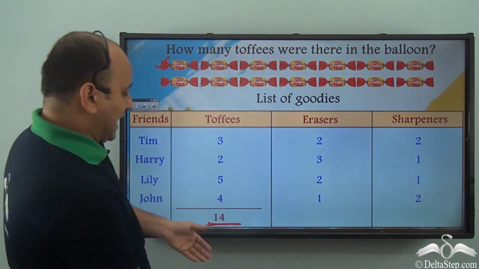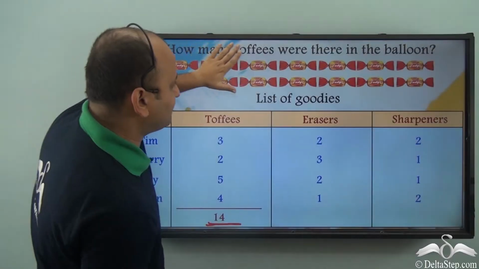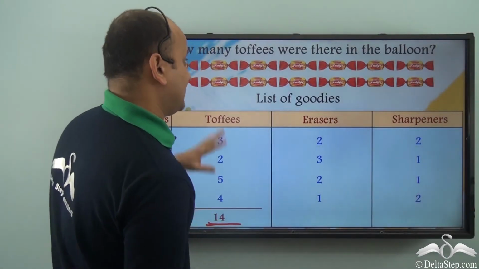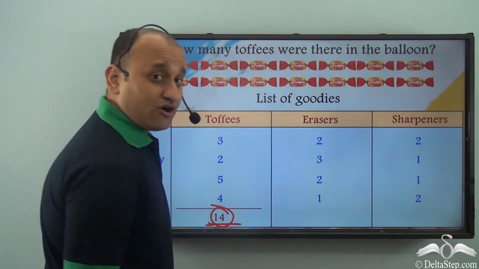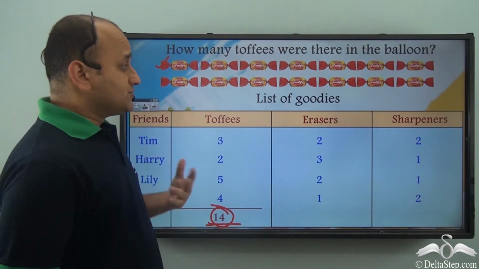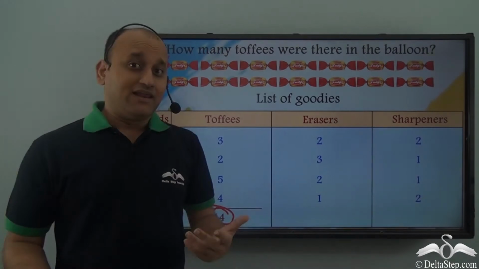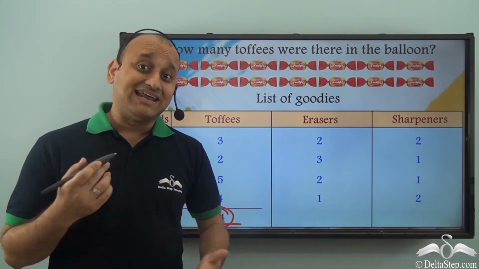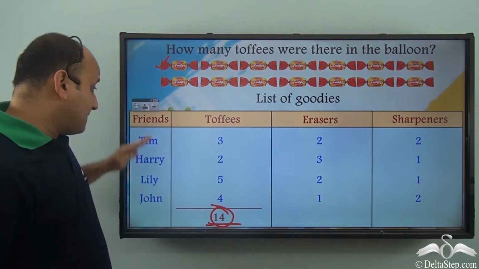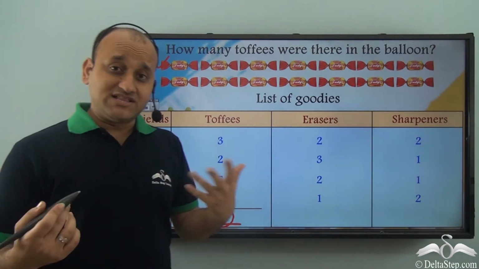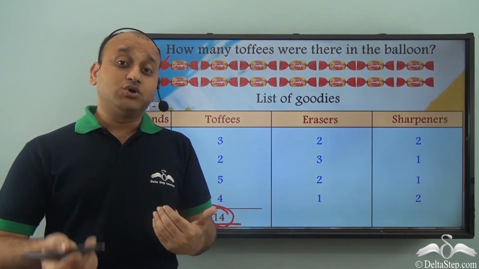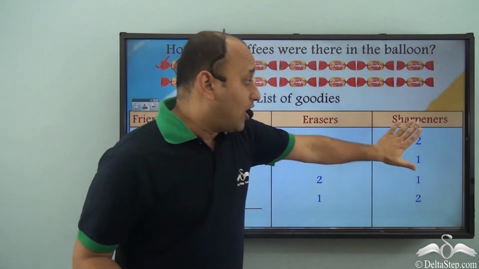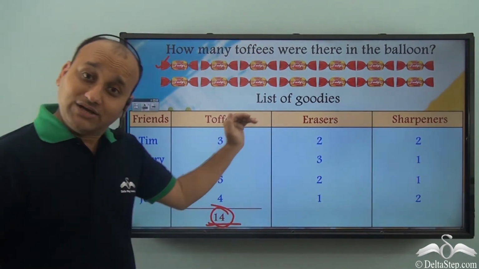So whether you write it as this or you write it in the form of a pictograph, both are representing the same thing. That is, there were 14 toffees in the balloon in total. So what did we do here? Well, initially we had pictographs of different goodies collected by each of these friends. Now, once you had the pictograph, we were able to interpret that and make a table of who collected how many goodies.